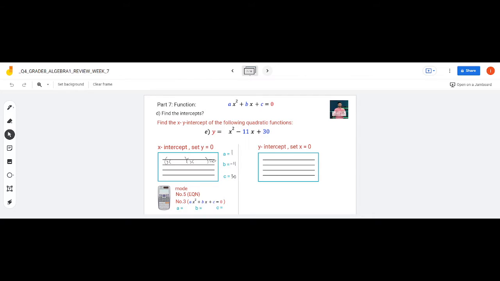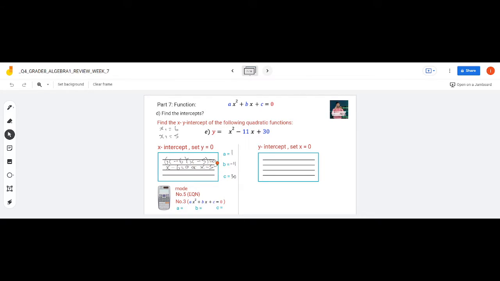So my x1 is going to be 6 and my x2 is going to be 5. So we take the opposite of 6, which is -6. We take the opposite of +5, which is -5. And now we put whatever's in the bracket equal to 0, x minus 6, or x minus 5.